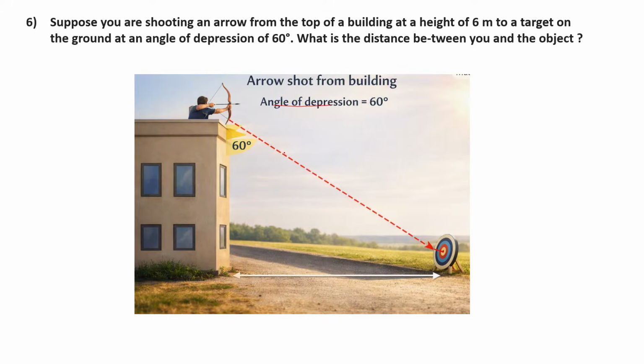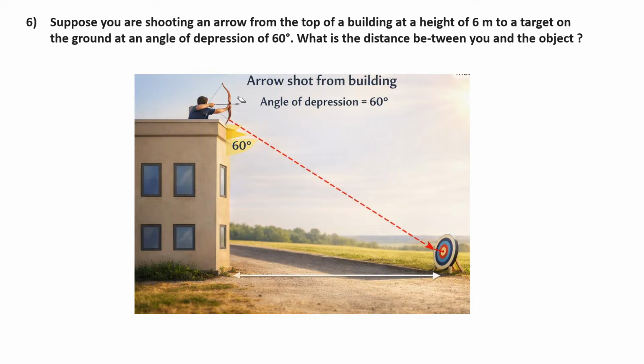Angle of depression or angle of elevation is the angle calculated between the line of sight and the horizontal. Here at the point of observation, there is no horizontal line. So you cannot say that this 60 degrees will be the angle of depression.